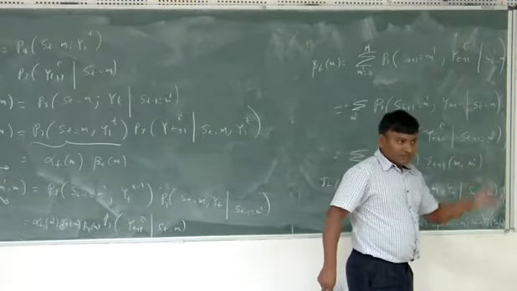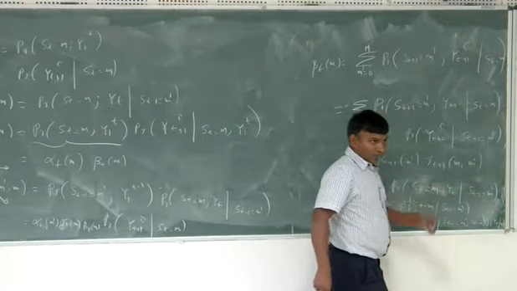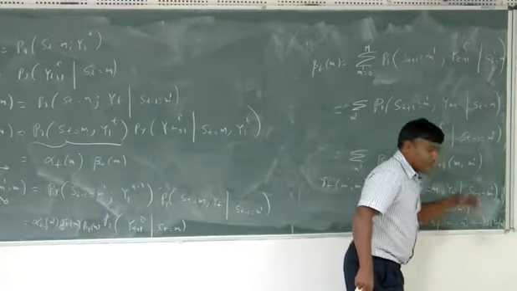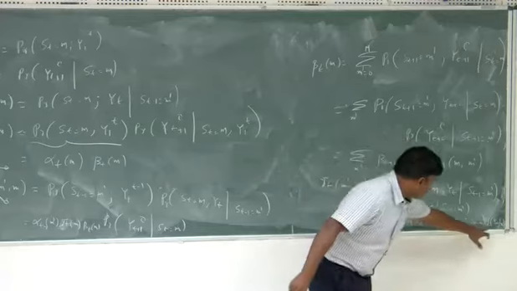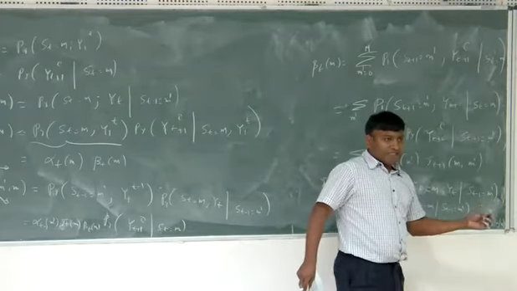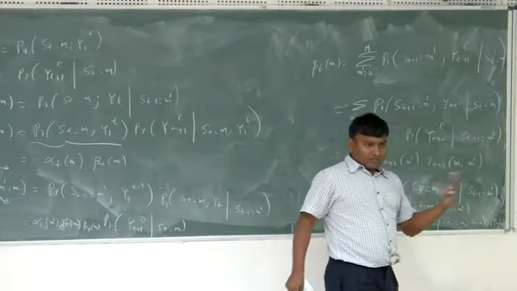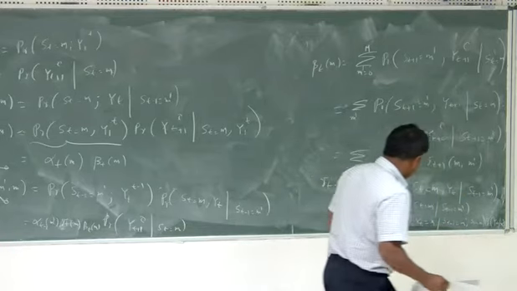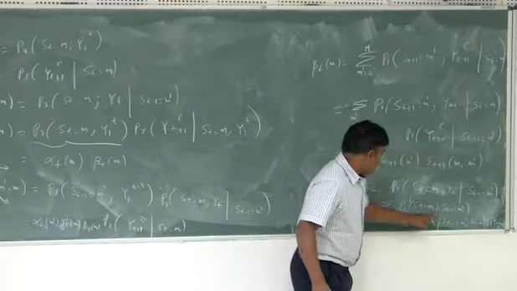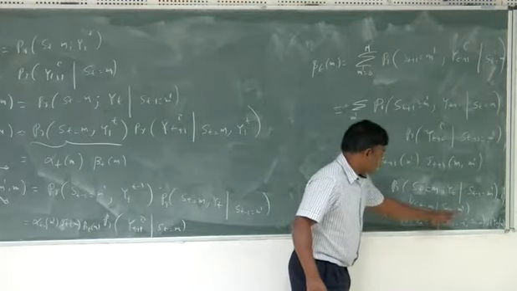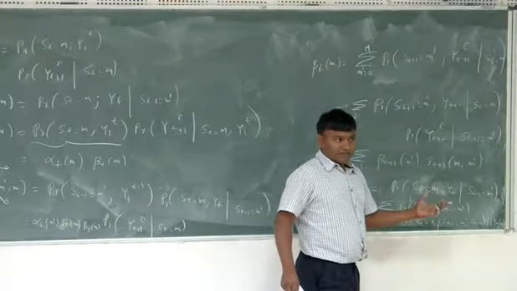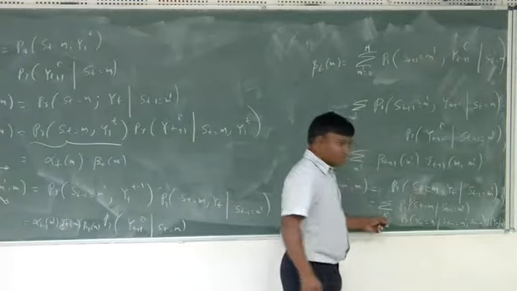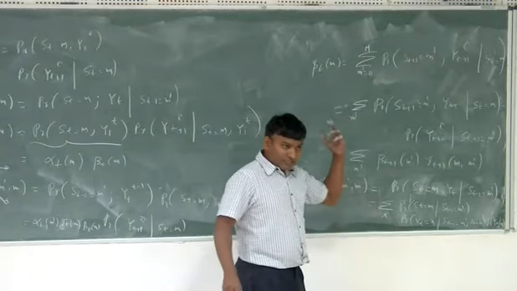That is the product, right? Product of probability of y1 given x1. But actually it's y t, so we just have to take y t has 2 components. So it's product of probability of s t equal to m given s t minus 1 equal to m prime. That is basically half and half, right? It's half and half that we discussed.